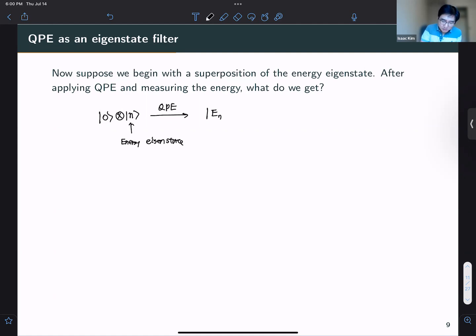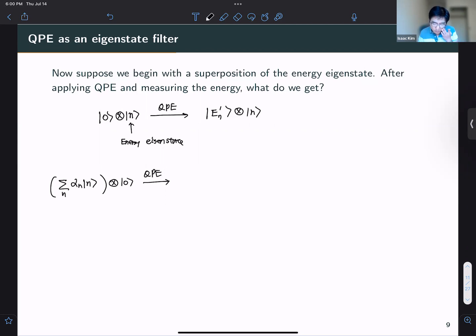Up to some numerical constants, maybe I'll call them En prime, we obtained this new state, right? And it's interesting to ask what happens if we started with some general quantum state, which is a superposition of different energy eigenstates. So let's say I begin with this very general form of states, and then I apply QPE.